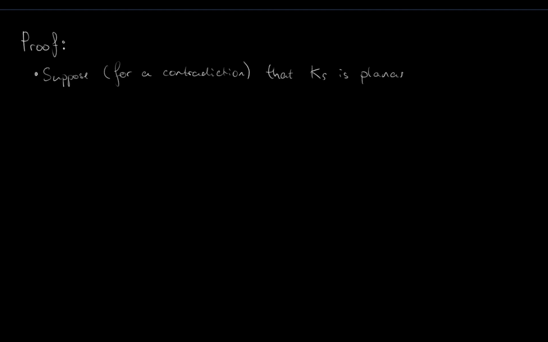So we suppose for a contradiction that K5 is a planar graph. So then let's say G be a planar embedding. If K5 is planar, there exists some planar embedding of K5, and let's call this planar embedding G.